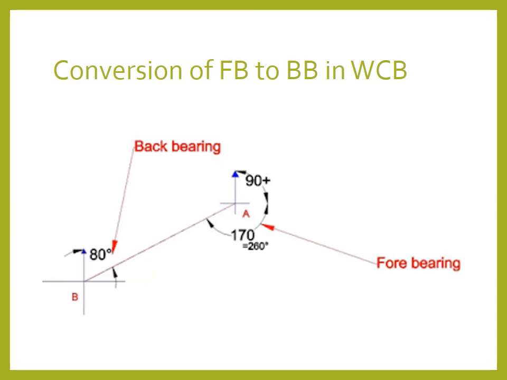If it is greater than 180 degree, as I have told, we have to subtract 180 degree from 260 degree. So 260 degree minus 180 degree, you will get 80 degree. That is the back bearing.